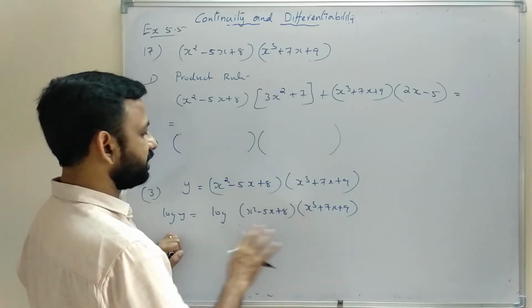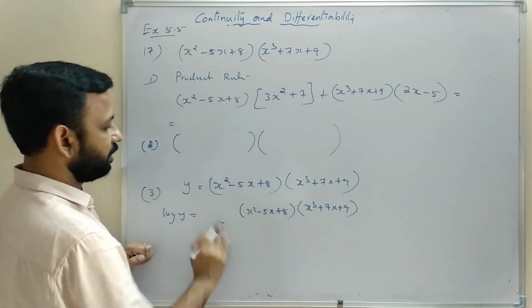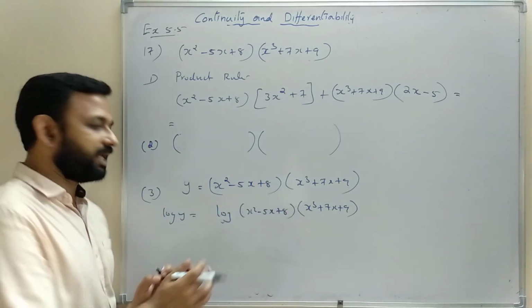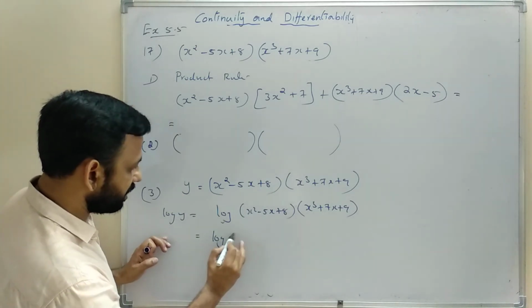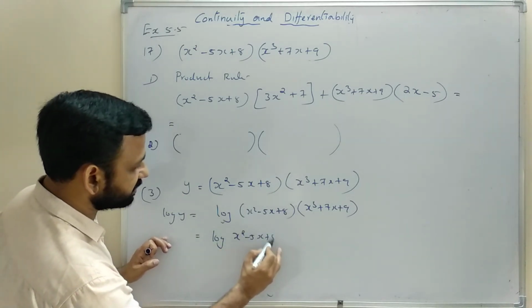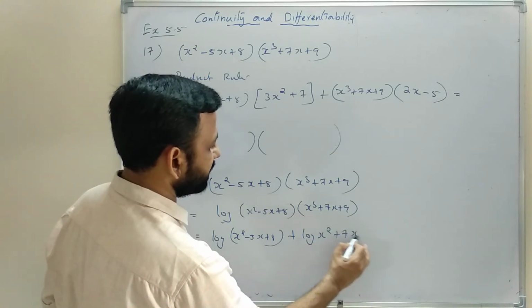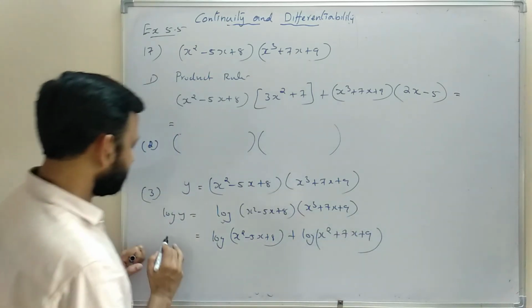Logarithm of LHS equal to logarithm of RHS. So log AB, that is log A plus log B, that is log of x square minus 5x plus 8 plus log of x cube plus 7x plus 9, that is log y.